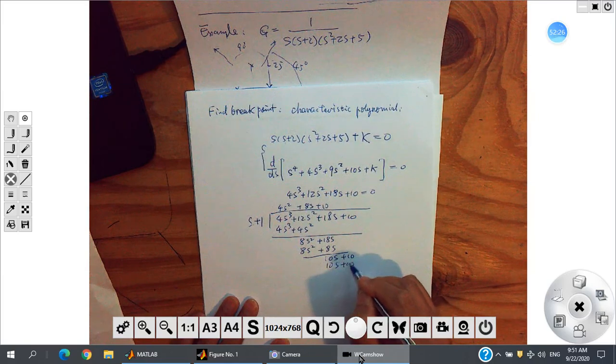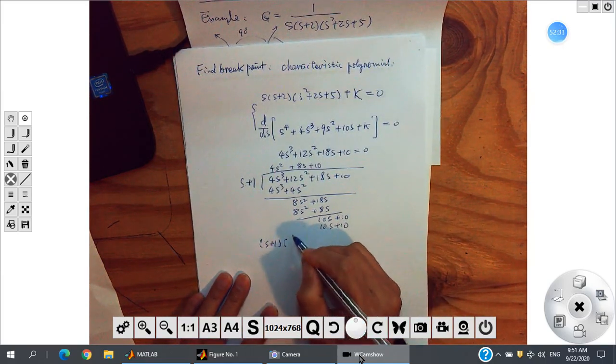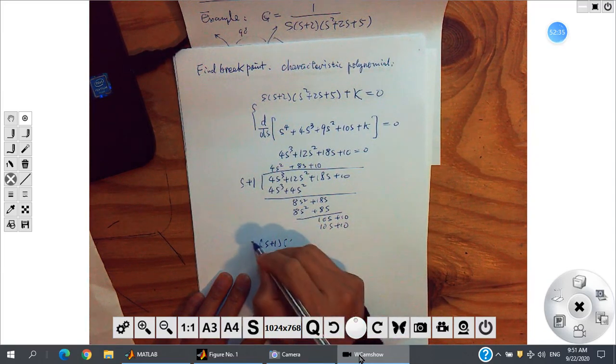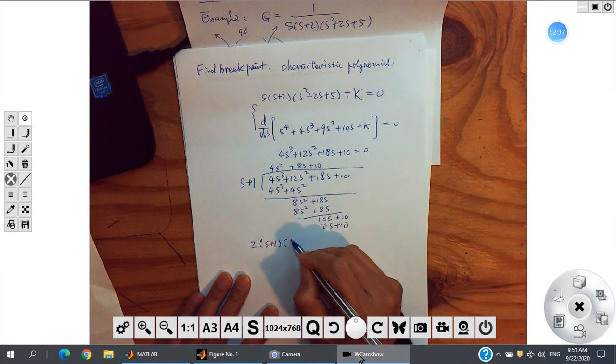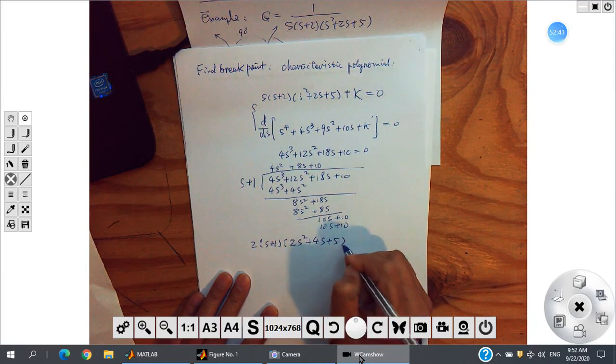So it is s plus 1 times 2 times 2s squared plus 4s plus 5 equal to 0.